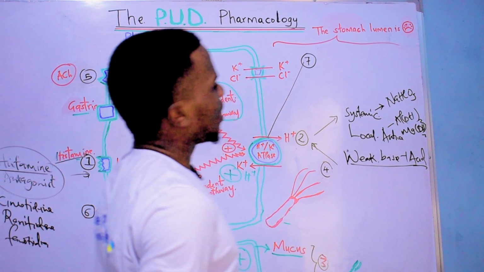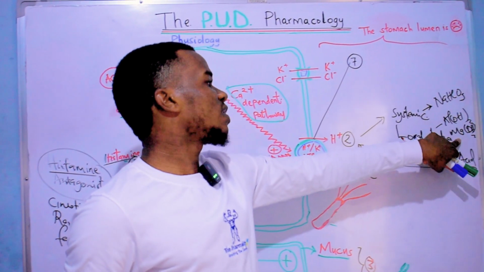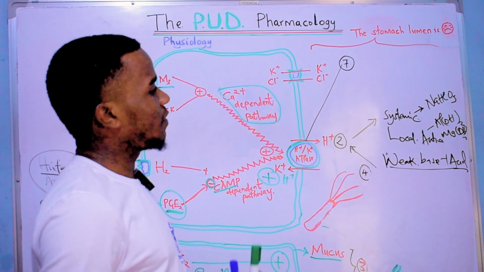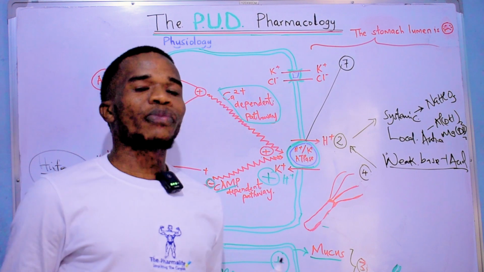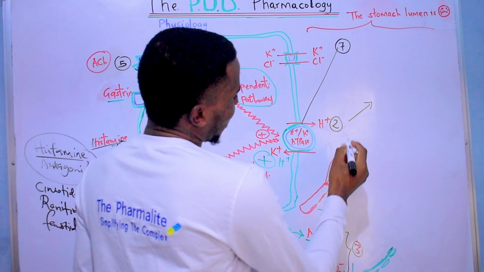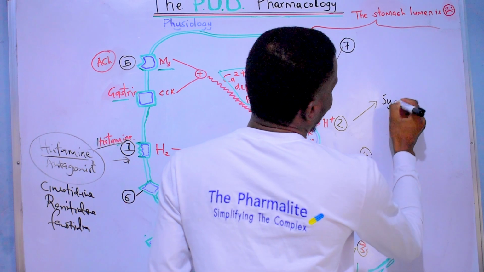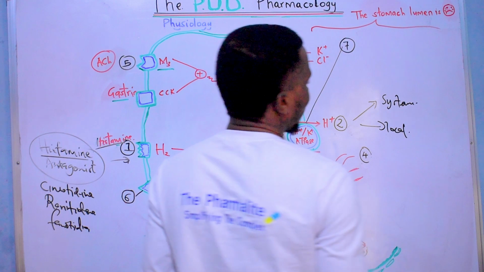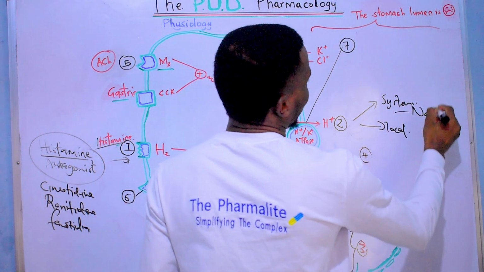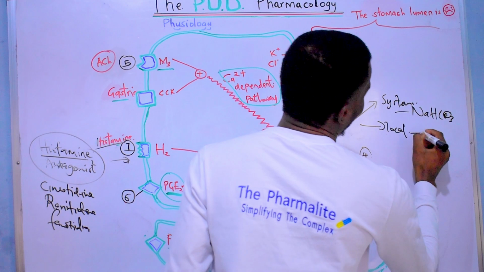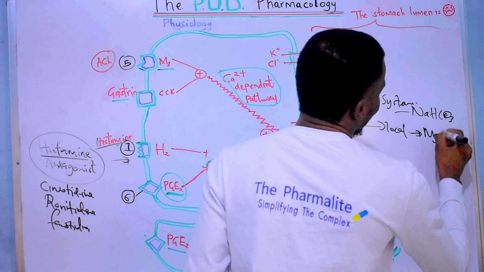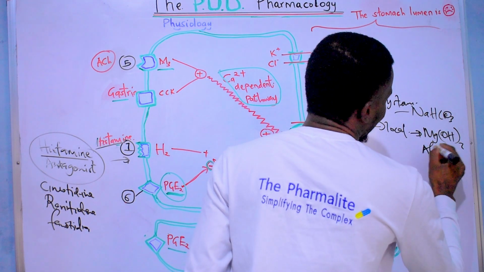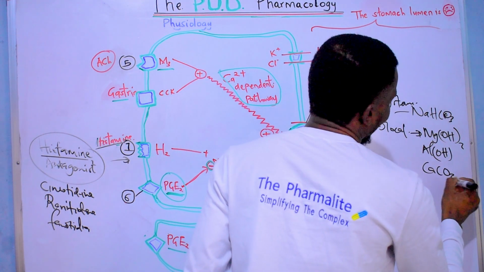Now aluminium hydroxide and magnesium hydroxide are the most commonly used because they have high efficacy and also they have very low adverse effects. So the antacids are basically systemic and also they can be local. So an example of systemic is sodium hydrogen carbonate, and the local ones include magnesium hydroxide and aluminium hydroxide and calcium carbonate.